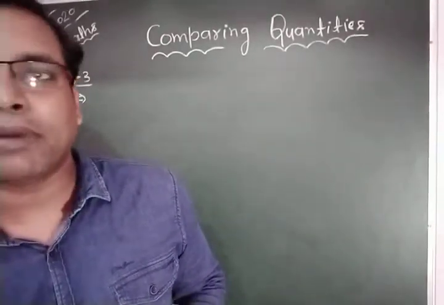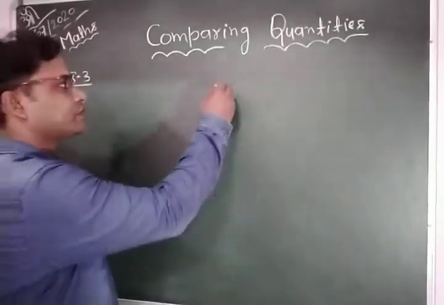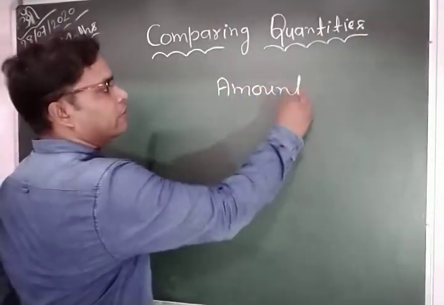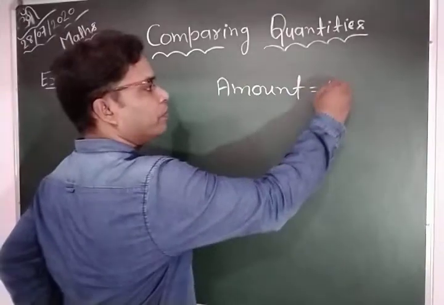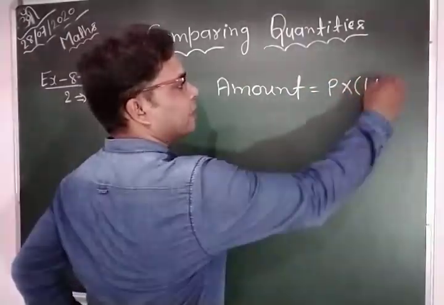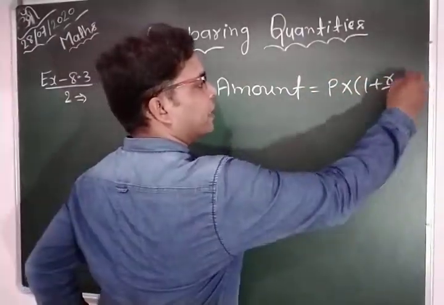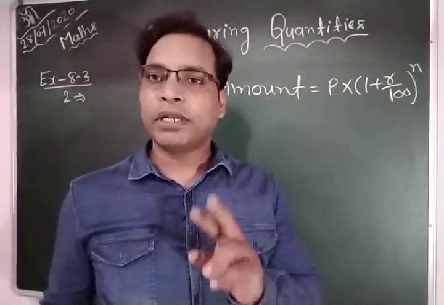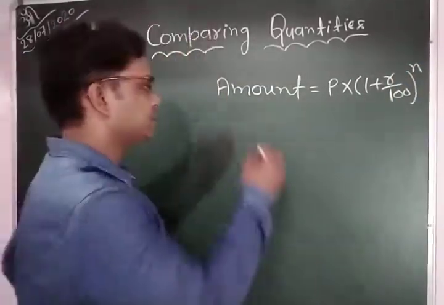The formula for amount is: amount is equal to P into (1 plus R by 100) to the power n. Here time is given as 2 years 4 months.